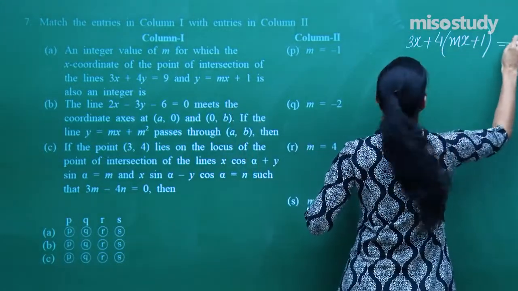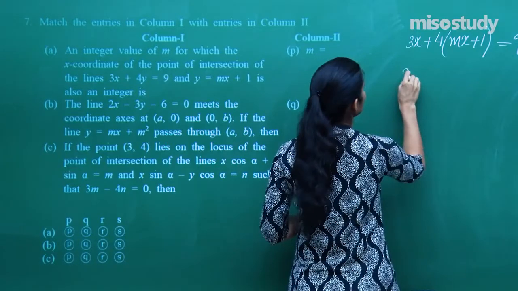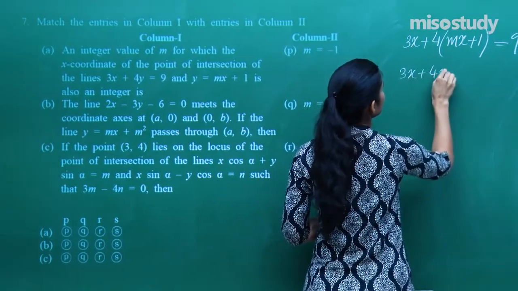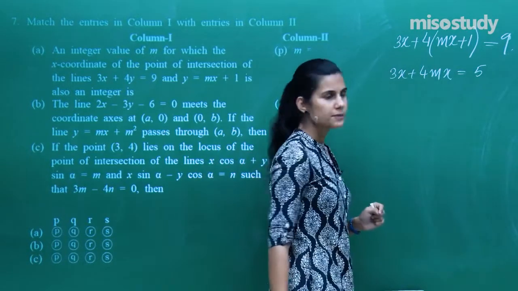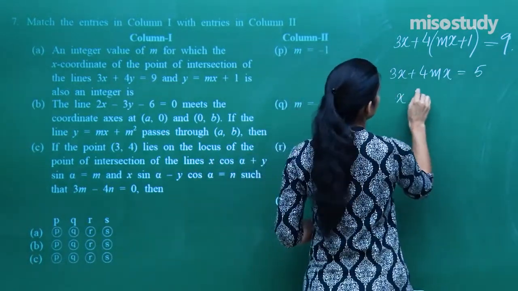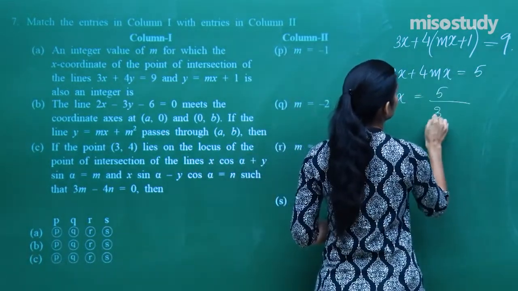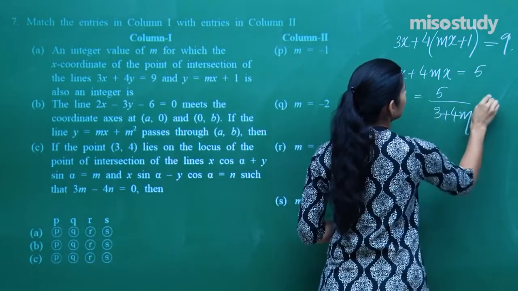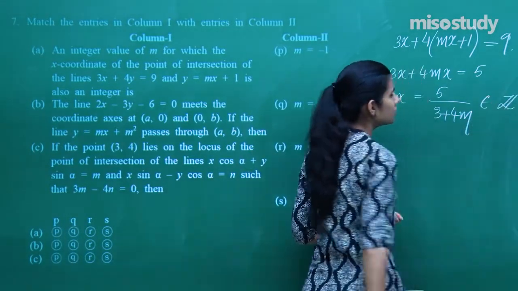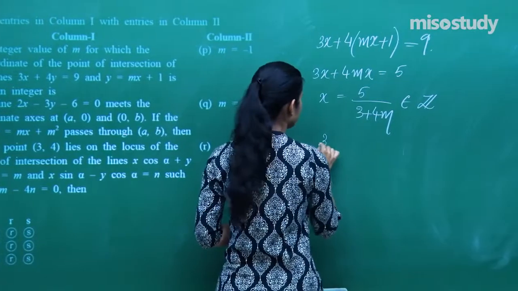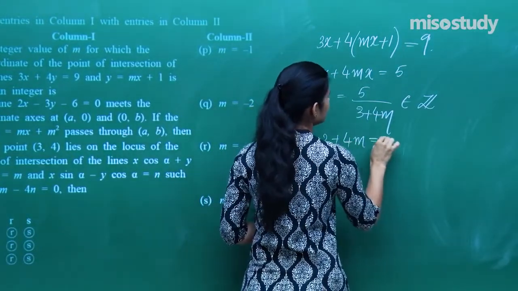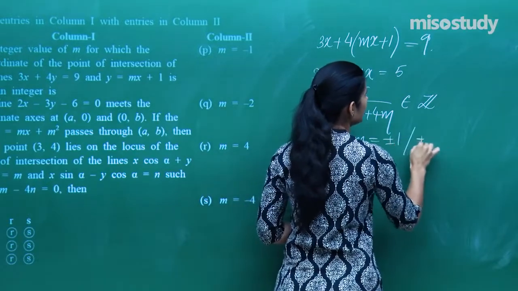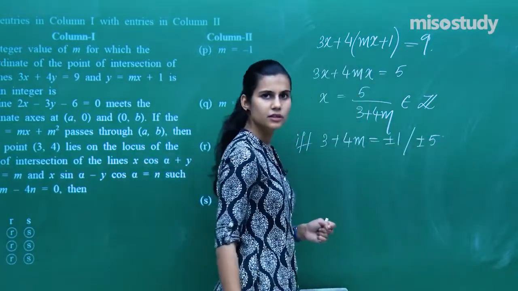At the common point, this gives 3x plus 4mx equals 5. When you take x common, you get x equals 5 upon 3 plus 4m. Now this is going to be an integer only when 3 plus 4m is either equal to plus or minus 1 or plus or minus 5.